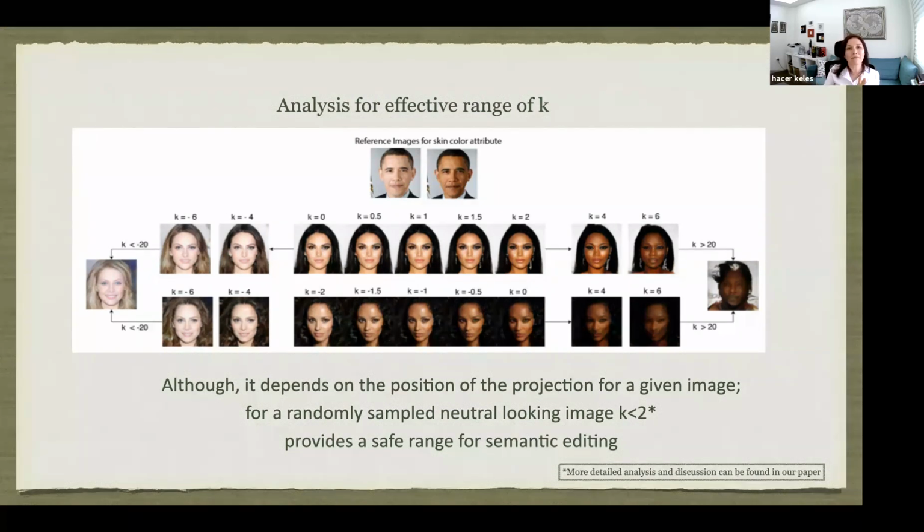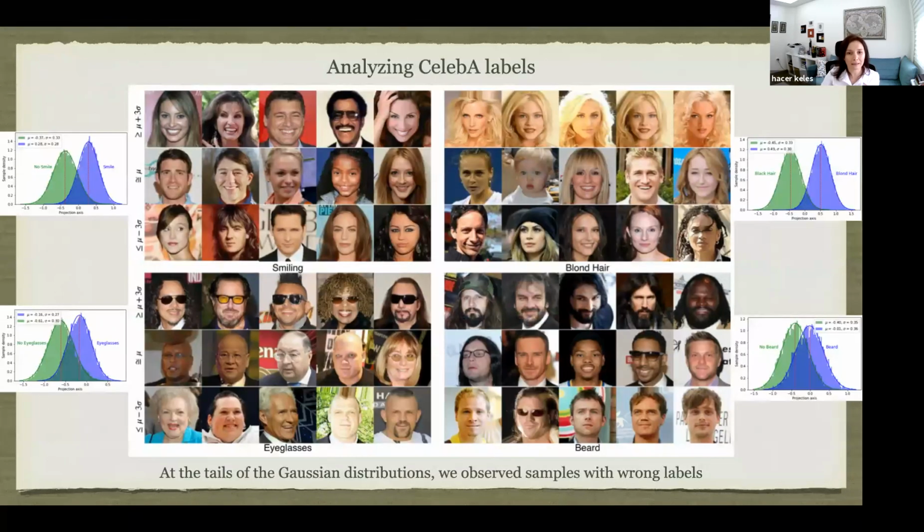In this case, you can go very safely using up to K2. Experimentally, for the 4 attributes, we made this analysis, and the analyses shown here are on Gaussian distributions; we take the mean and standard deviations of those distributions. If you sample an image from the mean of that distribution, 3 sigma corresponds to around 2.